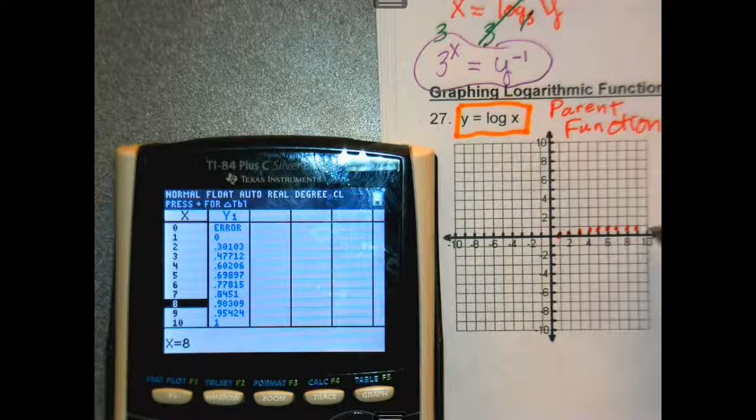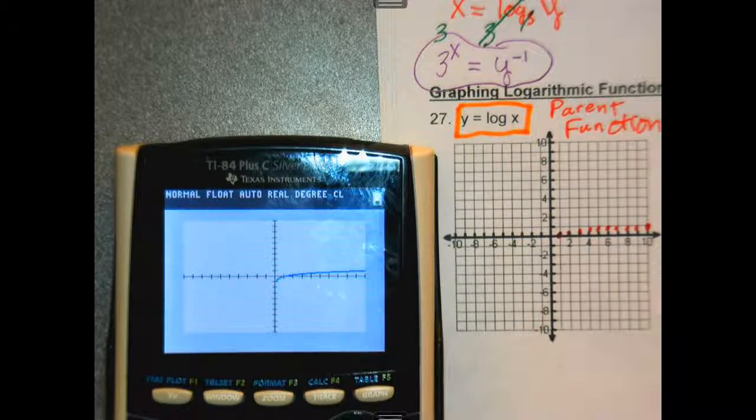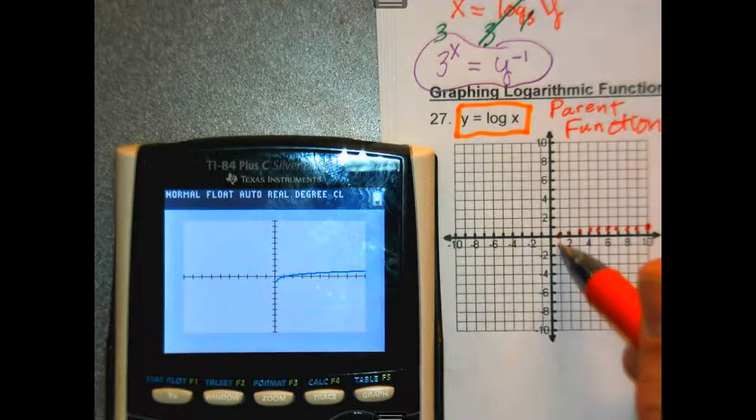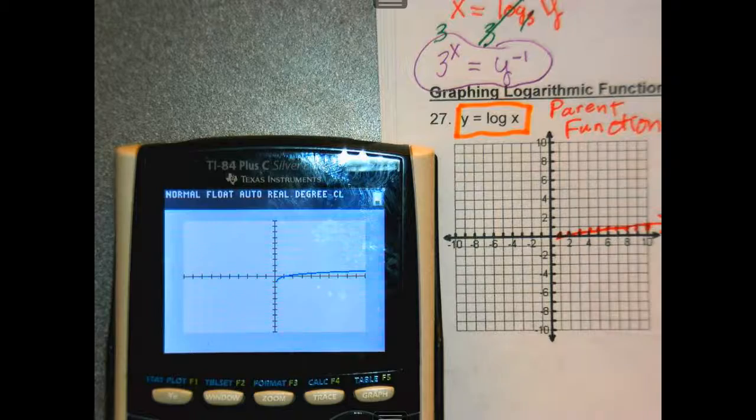And we finally get another decent number, 10, 1. Okay, so let's go ahead and graph it. So it looks like it's going something like this. Okay? Agree?